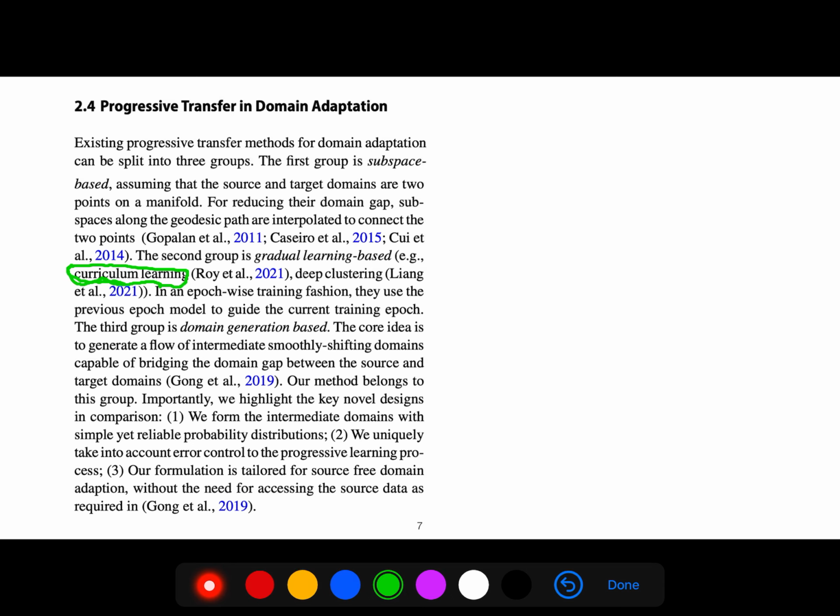We want the model to suggest which of these are near the boundary, which have low uncertainty, that they should be labeled. But in curriculum learning, we assume that we have all labeled data. We don't worry about unlabeled data, and we just find the hardest example and work on that.